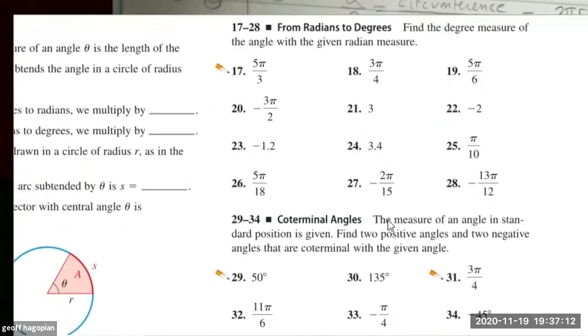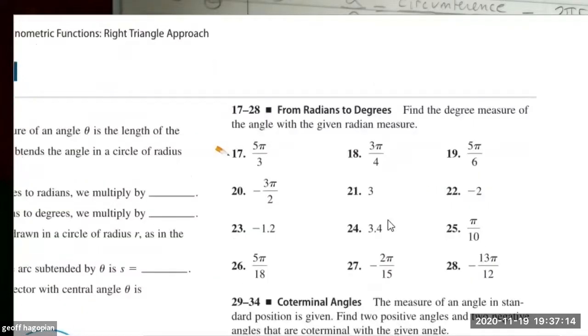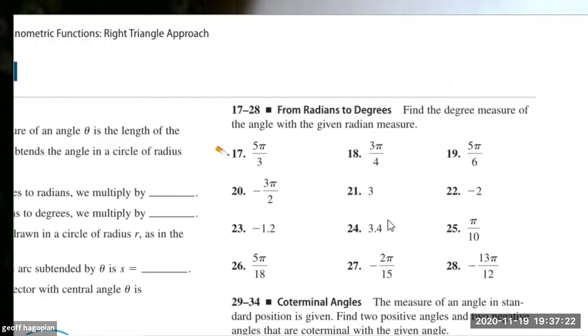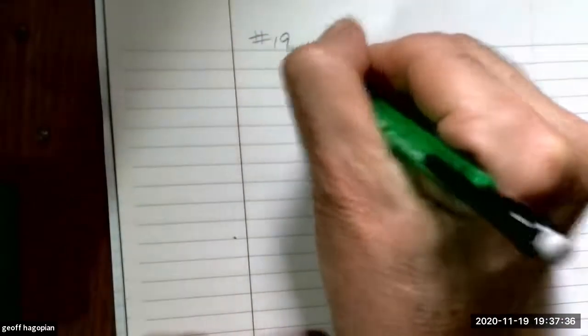We've got some problems over in the second column here, from radians to degrees. Okay, so how do you do that? Well, I'll pick out a few here. How about number 19? Today is the 19th, so here's number 19.